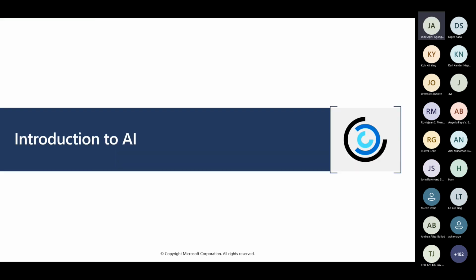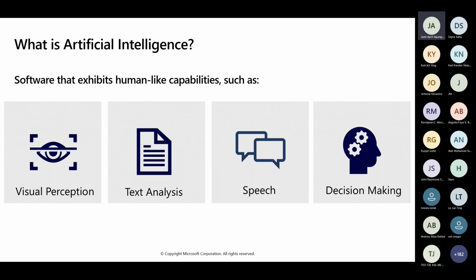So what is AI? Artificial intelligence, we are all familiar with that. We are using it every day, from our phones, paying bills, to the apps that we use. AI has grown like a seed that boomed everywhere, right?